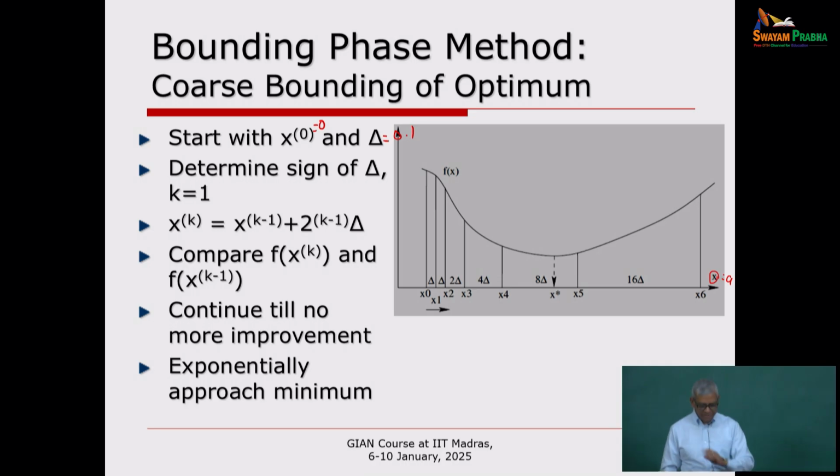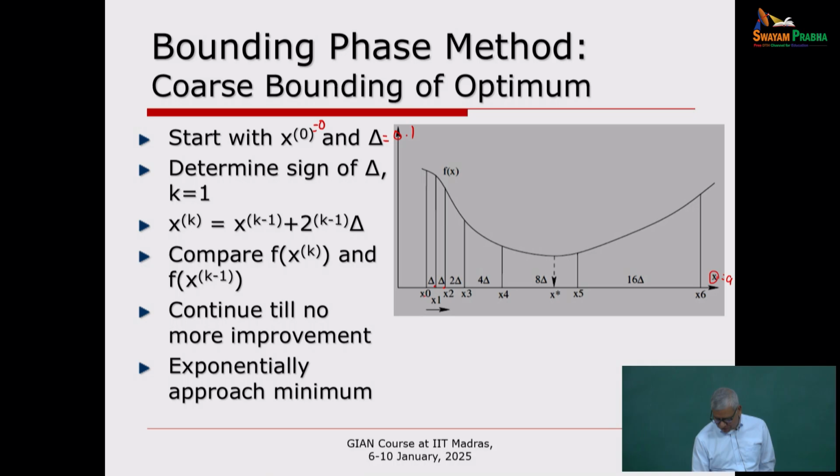There are some implications with that, but okay. Now these two are given. What you do now is go from x naught by delta along the direction that you want to go, and go another delta. So these two points you create, x1 and x2. Evaluate these three values.